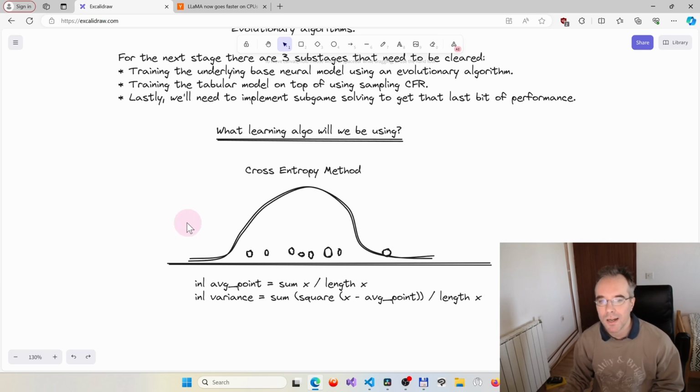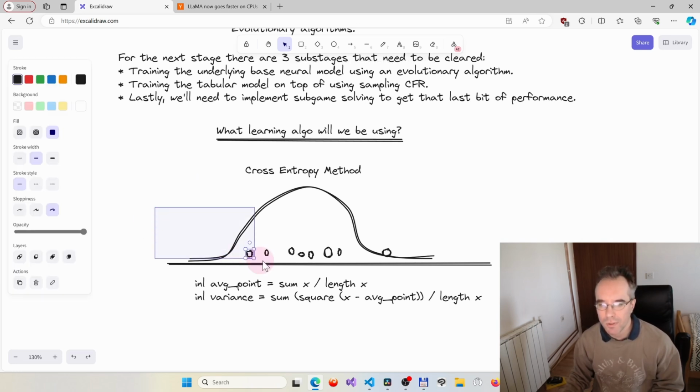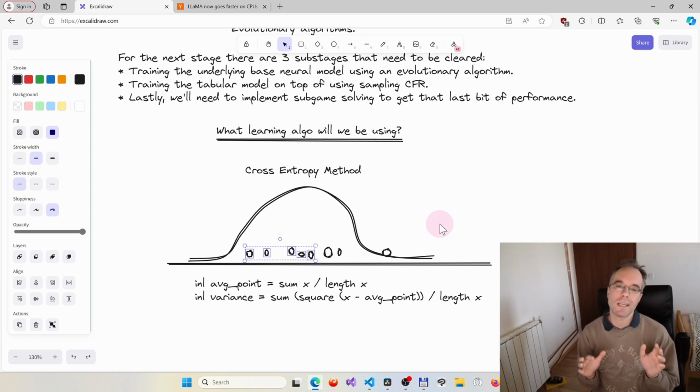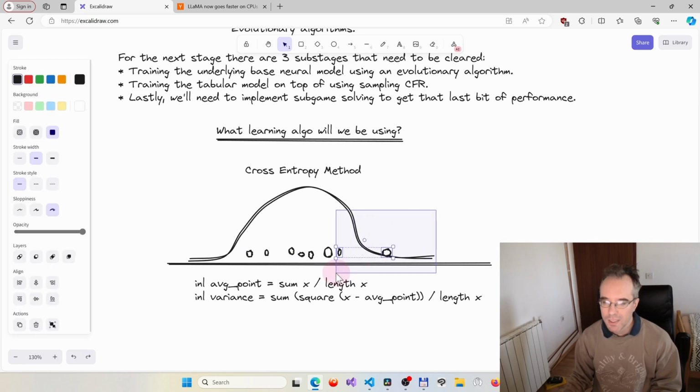And maybe it would turn out that, for example, these points here would get very poor reward. They could be, for example, very poor poker agents. But these points here, especially the ones to the right here, these would be very good.